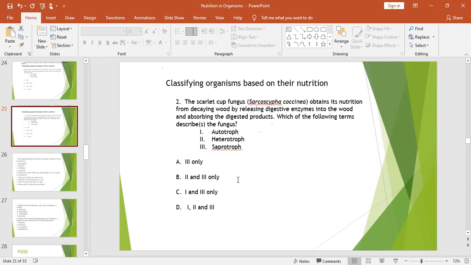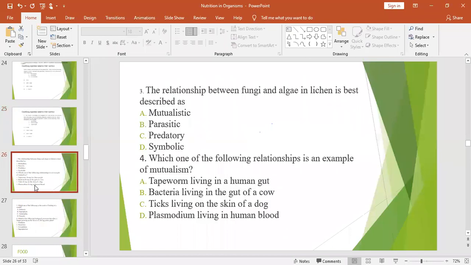Vanita? Yes, teacher. Can you read question number 3? Are you able to see it? Can you read question number 3 on the screen?